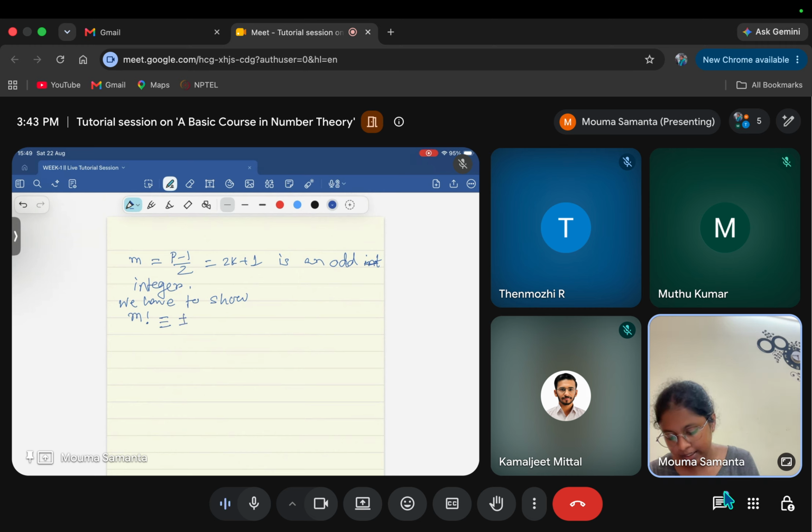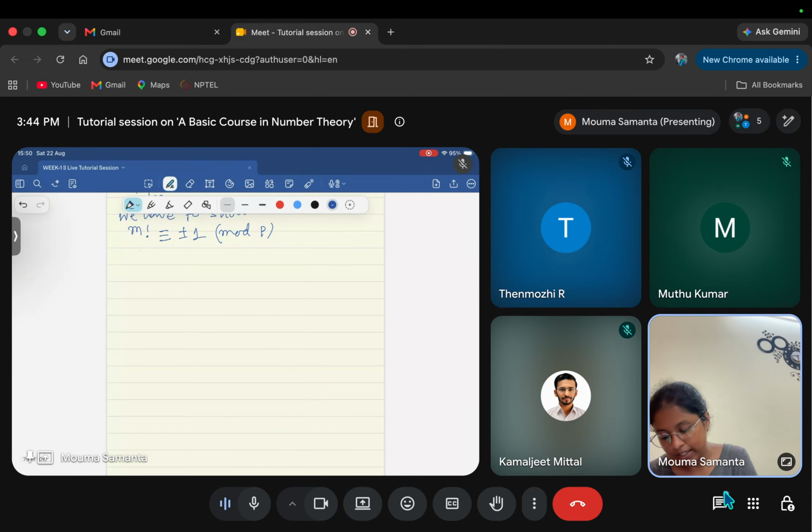So let's see what the term ((p minus 1)/2) factorial looks like. We are considering (p minus 1)/2 as m. We have to show that m factorial is congruent to plus or minus 1 mod p. Now what is m factorial? m factorial equals 1 into 2 into up to m, meaning (p minus 1)/2. So m factorial means this.